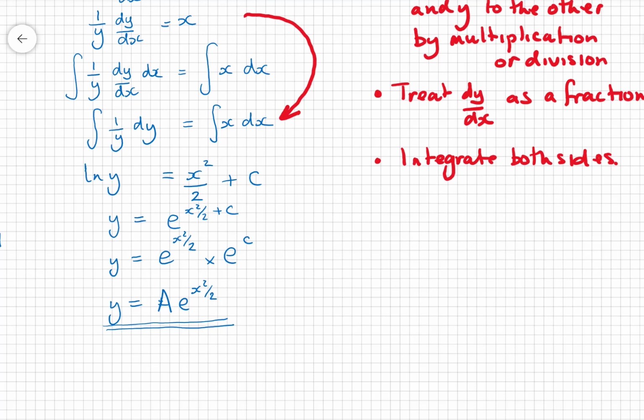Now there's a reason for us going those extra few steps, and the a here you can see would be something of an initial term. If x is equal to 0, e to the x squared over 2 would become e to the power of 0, which is 1. So when x is 0, y is equal to a. And that is often important in these exponential relationships.